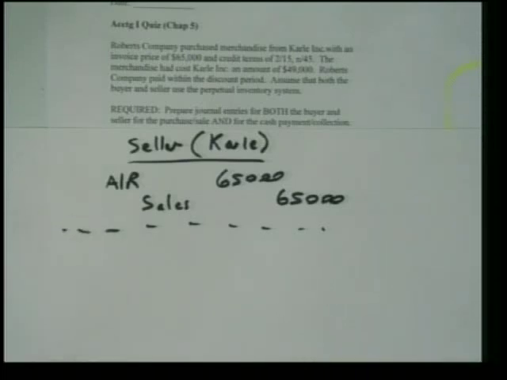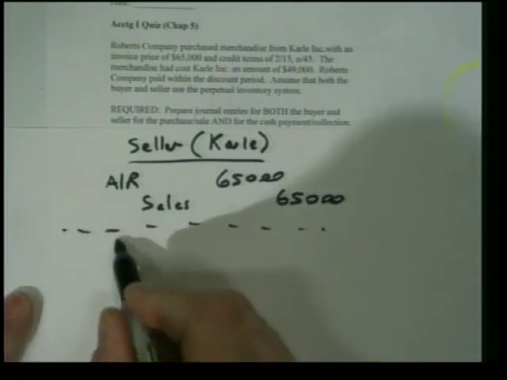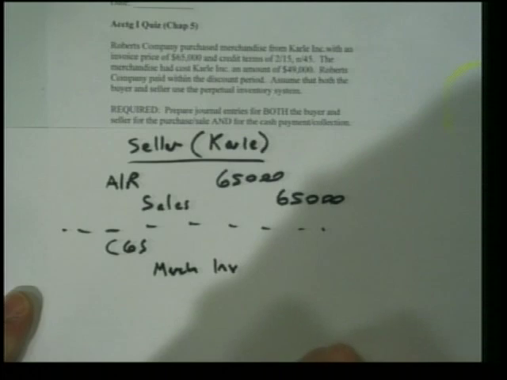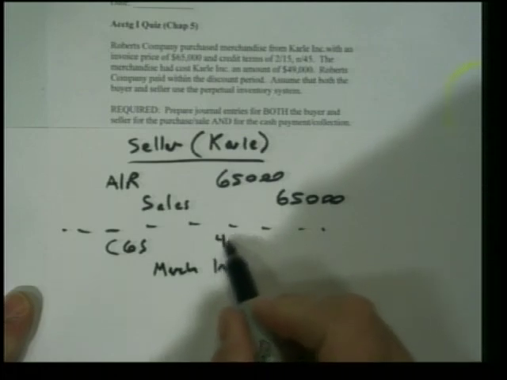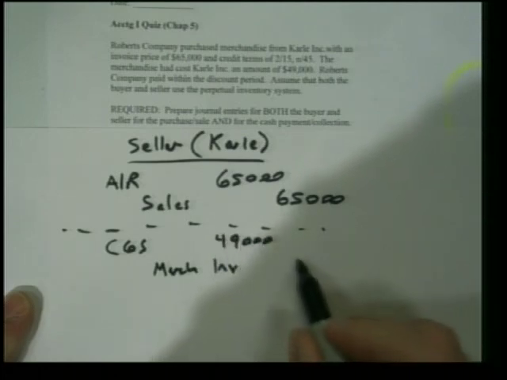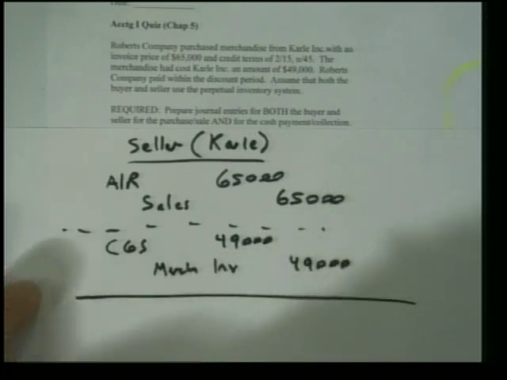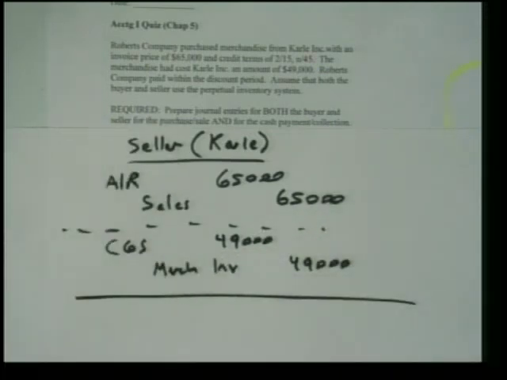Now they also have a second journal entry they have to make that day, right? And that is to debit cost of goods sold and credit merchandise inventory for how much? 49? So those 2 journal entries are made on the date of sale, correct?